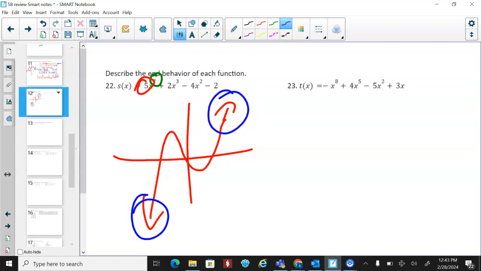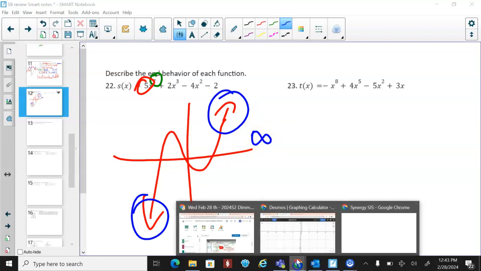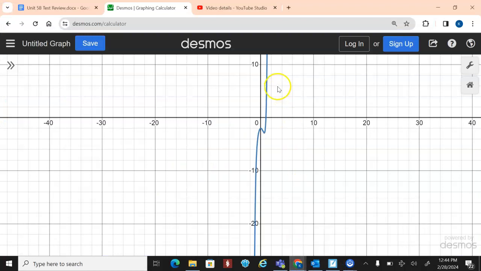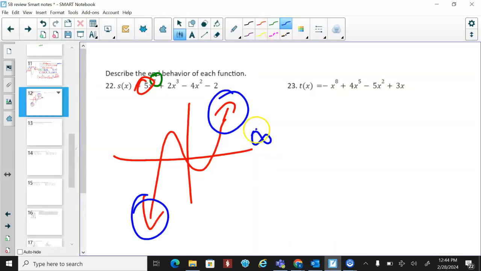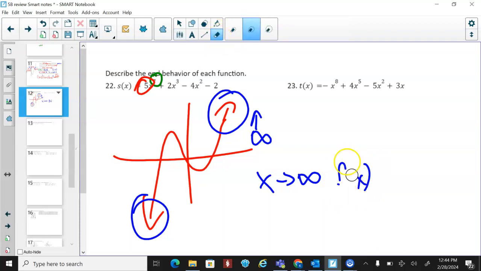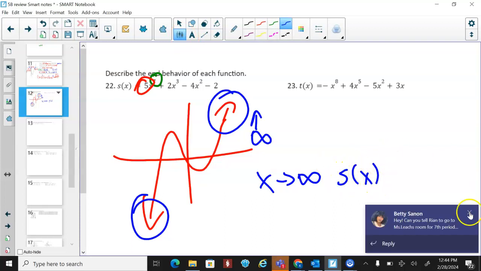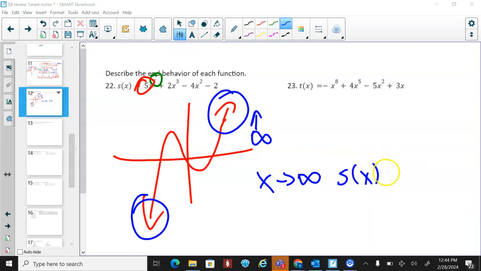So having said that, when I'm on the right side, according to my function right here, I can tell that my function on the right side is going to be traveling up. So when x is approaching positive infinity, my function, which is f of x, or actually s of x in this case, because it's the name of the function, is traveling up as well.